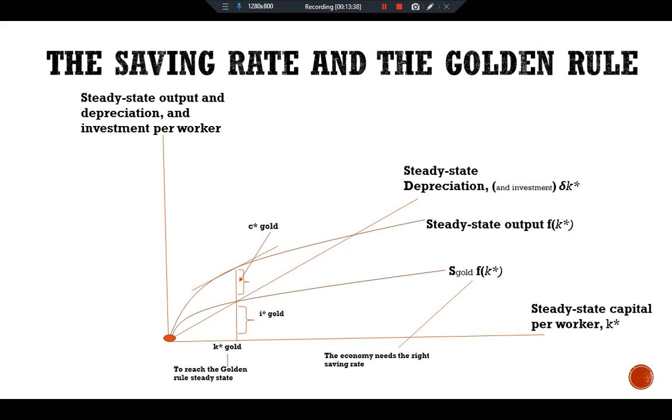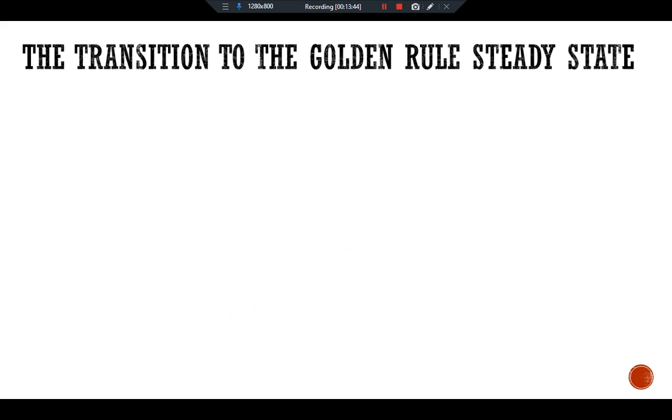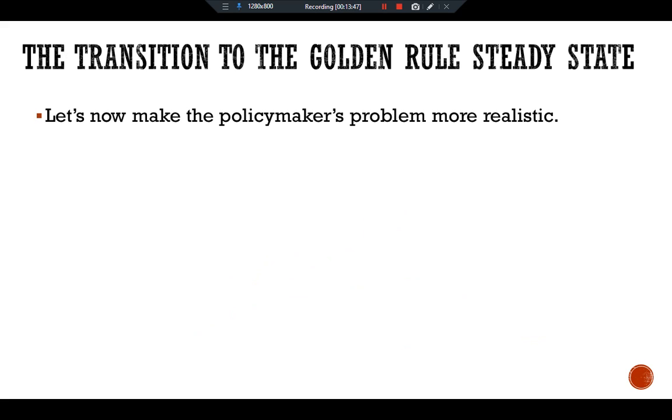Now we are moving towards the transition to the golden rule steady state. Let's make the policymaker's problem more realistic. So far we have assumed that the policymaker can simply choose the economy's steady state and jump there immediately. In this case, the policymaker would choose the steady state with the highest consumption, the golden rule steady state.